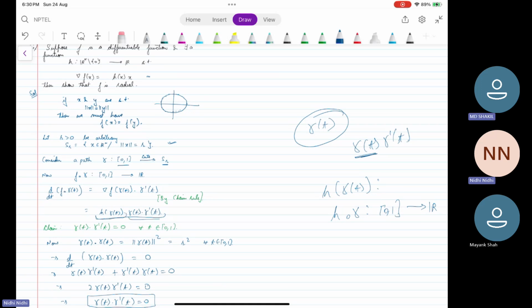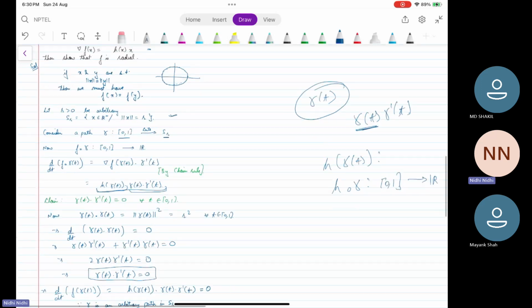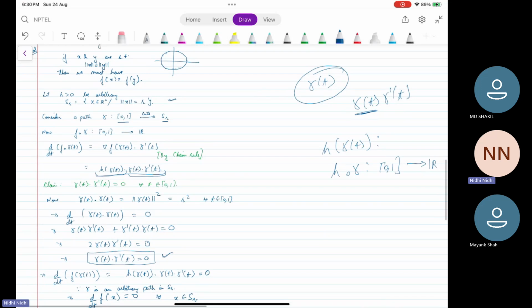This is multiplied by some linear map, because gamma dash t will be a linear map. So by this zero we mean the zero linear map. And we are multiplying it with h gamma t, where h gamma t is just a real valued function.